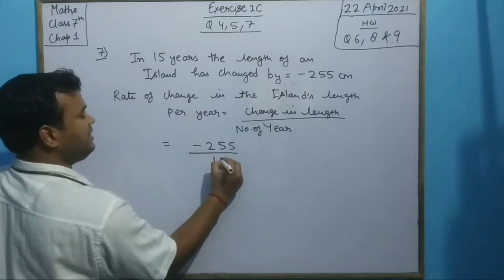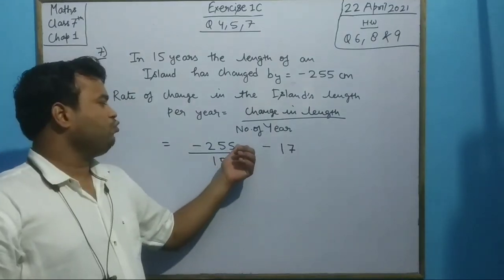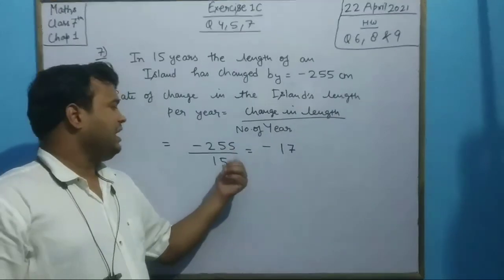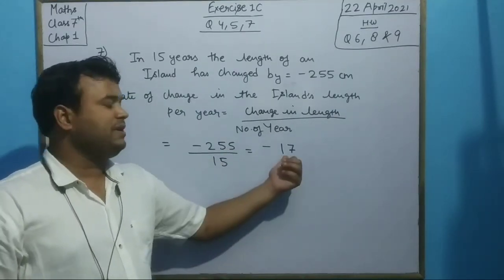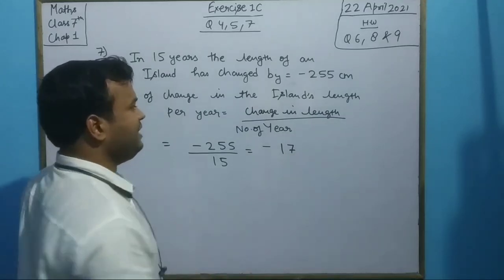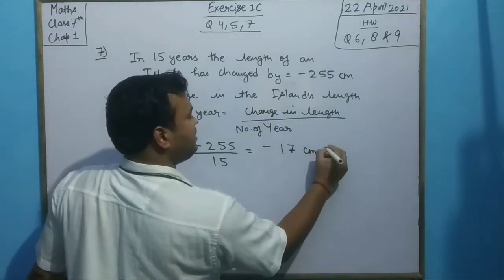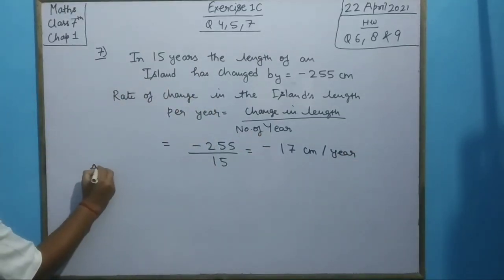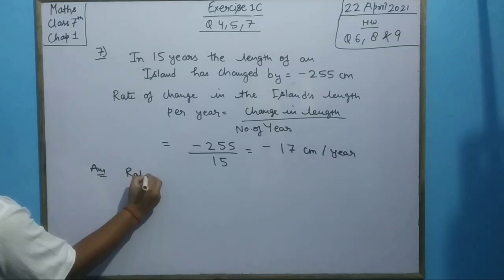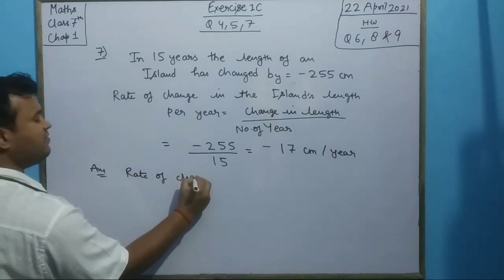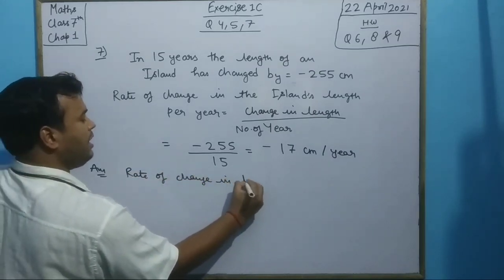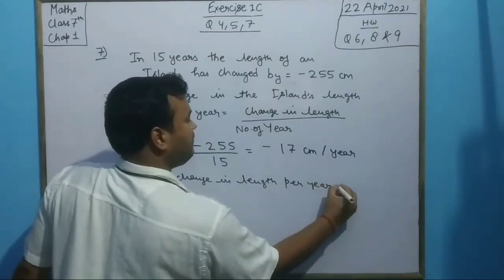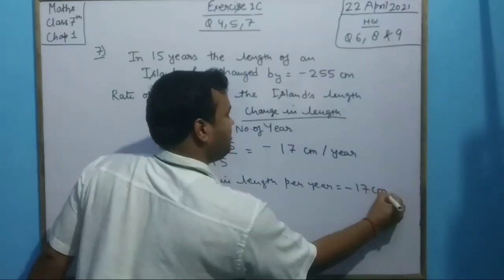It is given that 15 years is there. So minus 255 divided by 15, only one negative sign, so it will be negative, and 255 divided by 15 is 17. So minus 17 centimeters per year. This is the answer. So we can also write rate of change in length per year is equal to minus 17 centimeters.